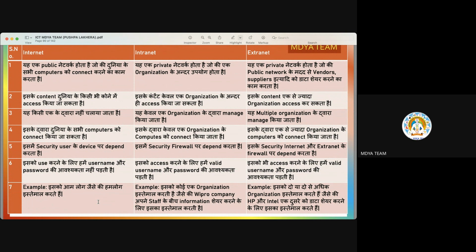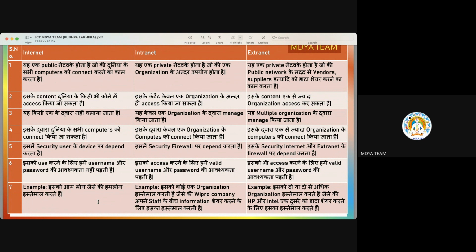Now, extranet's content is accessible to those organizations which are connected to that particular organization. If two or three organizations want to communicate with each other, they can share that.